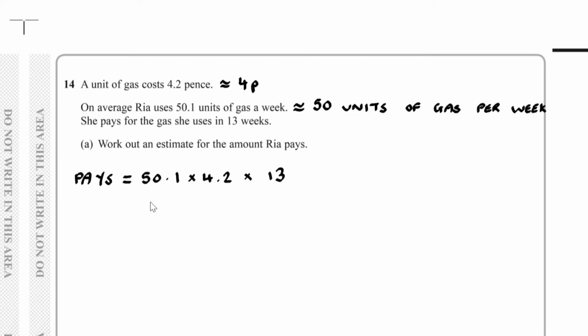So what we have here is the amount she has per week, and so we've got 50 times by 4 times by 13. So 50 times by 4, that's 200.